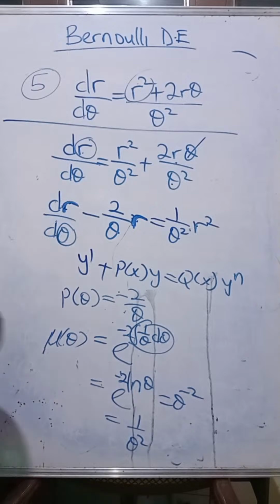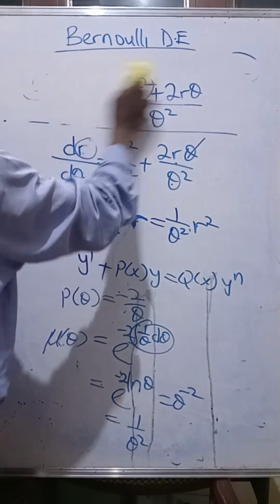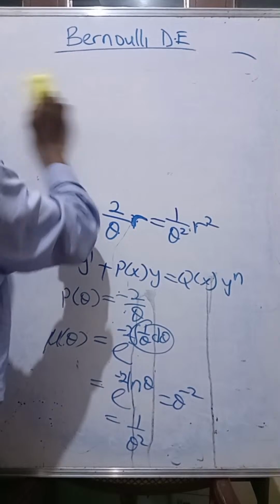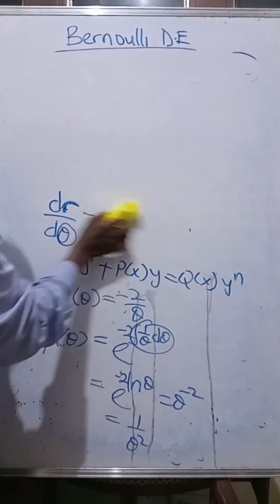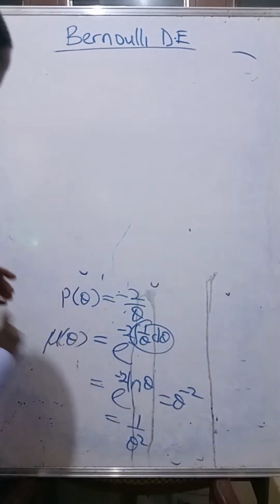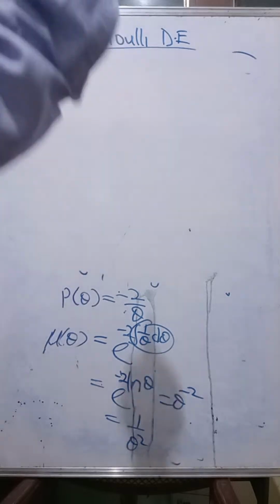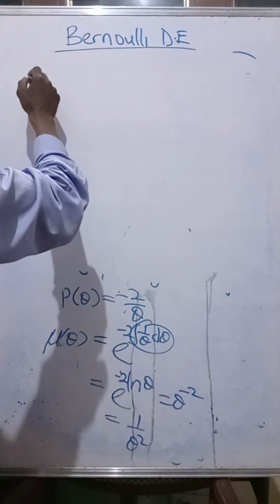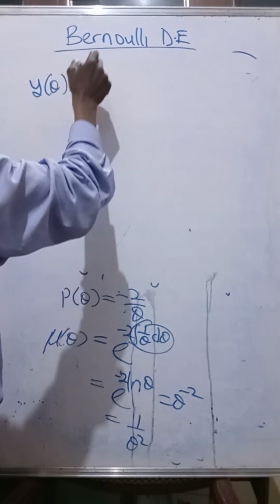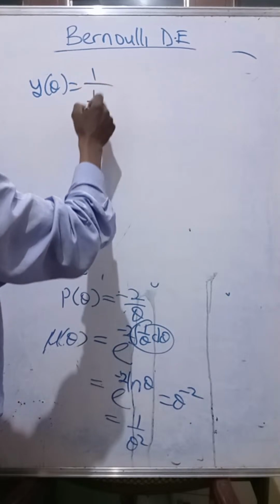Then the next thing to do now is to get the general solution. The general solution is going to be y as a function of theta equal to 1 over the integral factor. The integral factor is 1 over theta squared.